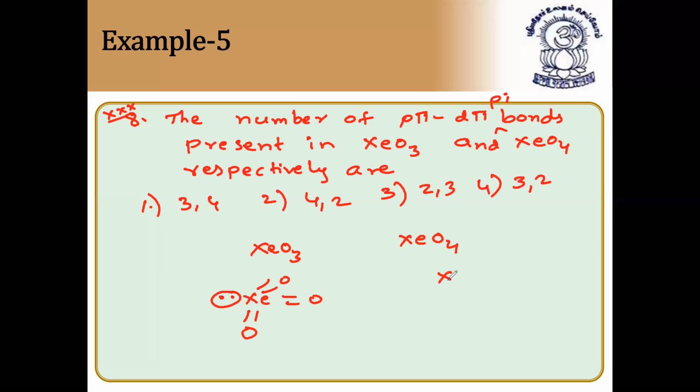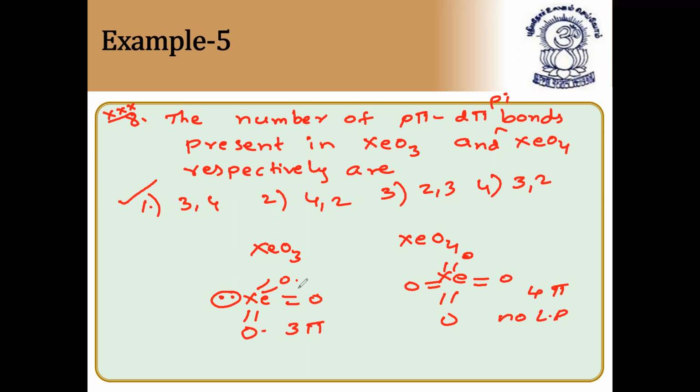In xenon tetroxide we have all sides double bond O, four double bonds, and no lone pairs. So how many p pi d pi bonds do we have? 1, 2, 3, because it has 3 pi bonds. And the other has 1, 2, 3, 4, so 4 pi bonds. So it has 3 comma 4 p pi d pi bonds.